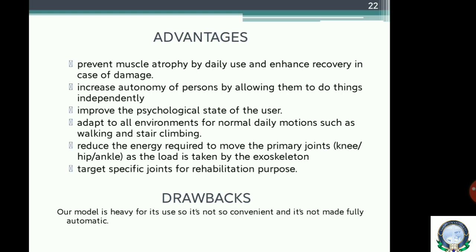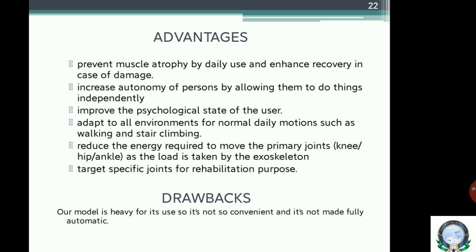Also, it improves the psychological state of the user. It also makes the user adapt to all environments for normal daily motion such as walking and stair climbing. And it reduces the energy required to move the primary joints, the knee, hip, or ankle. Lastly, it targets specific joints for rehabilitation purposes.